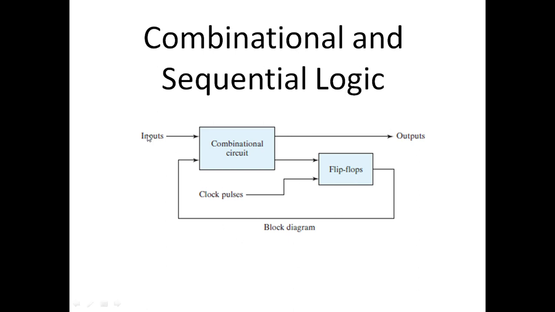Each time an input is given, the current state of the circuit, which is in the flip-flops, as well as the current input produces the output. So in sequential logic, the output is dependent not only on the input but also on the current state of the circuit.